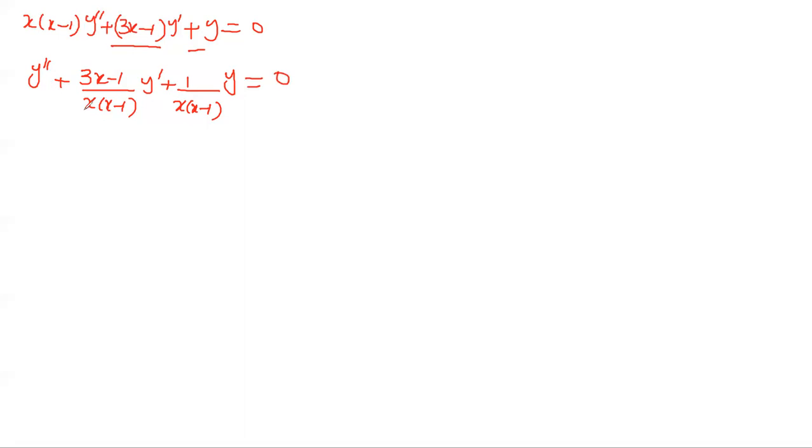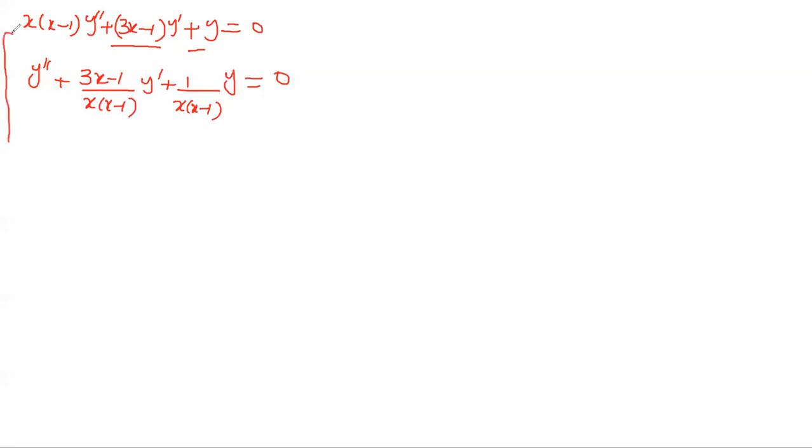In this case, if we put x is equal to 0, there will be 0 in the denominator. So these functions will not be analytic. Therefore, we need to apply the Frobenius method to this equation. For the application of the Frobenius method, we will use this form of the equation.